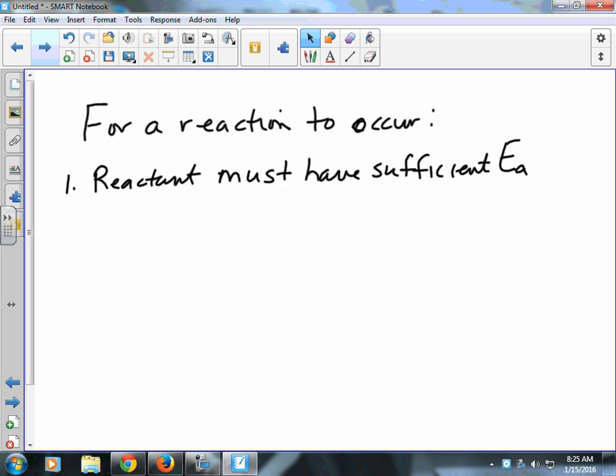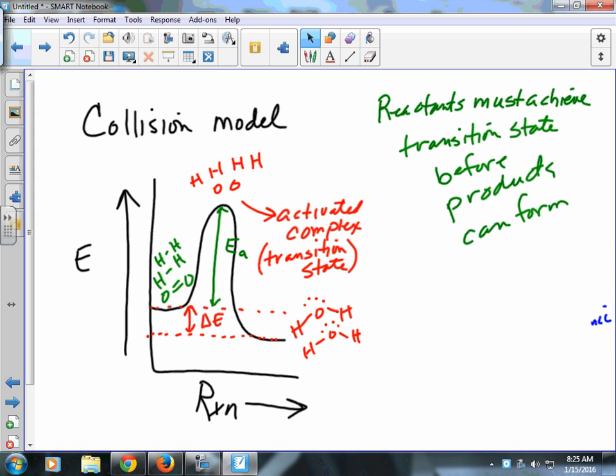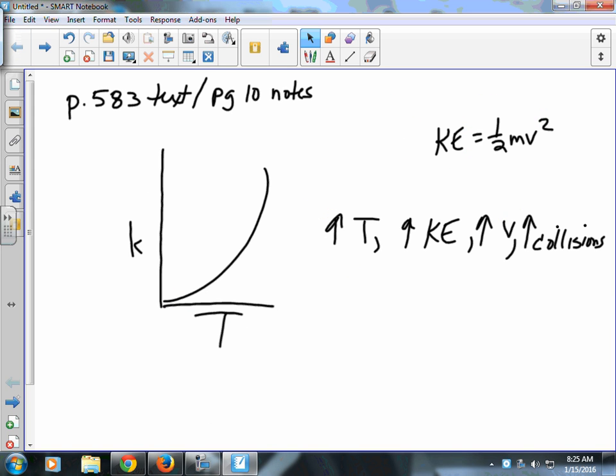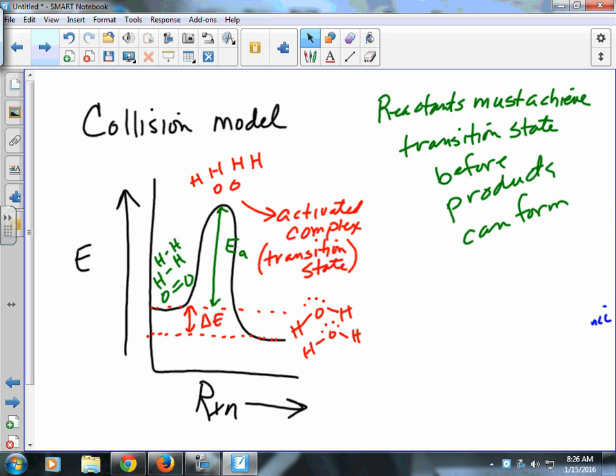They have sufficient activation energy. Remember once again, the reactant molecules have got to get to here, the hump, before anything will happen. If they don't get here, they won't get to the product. Some don't. Y'all good with it?